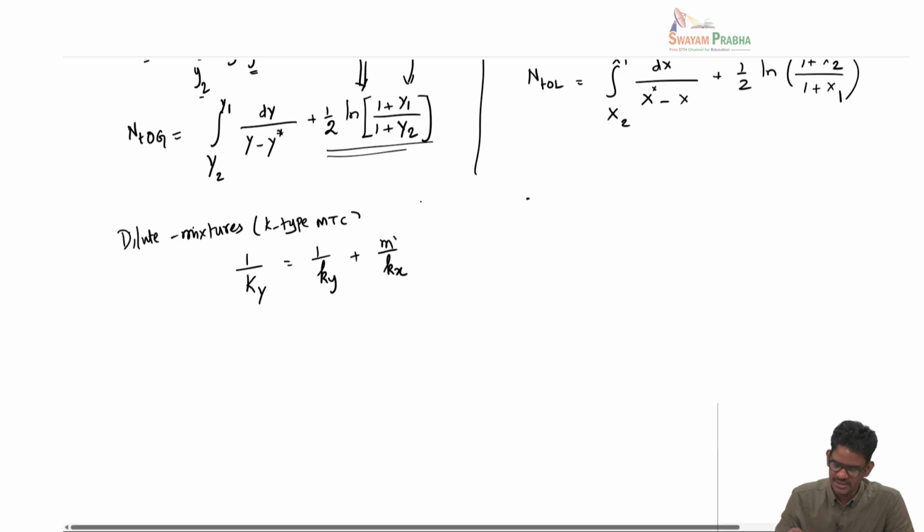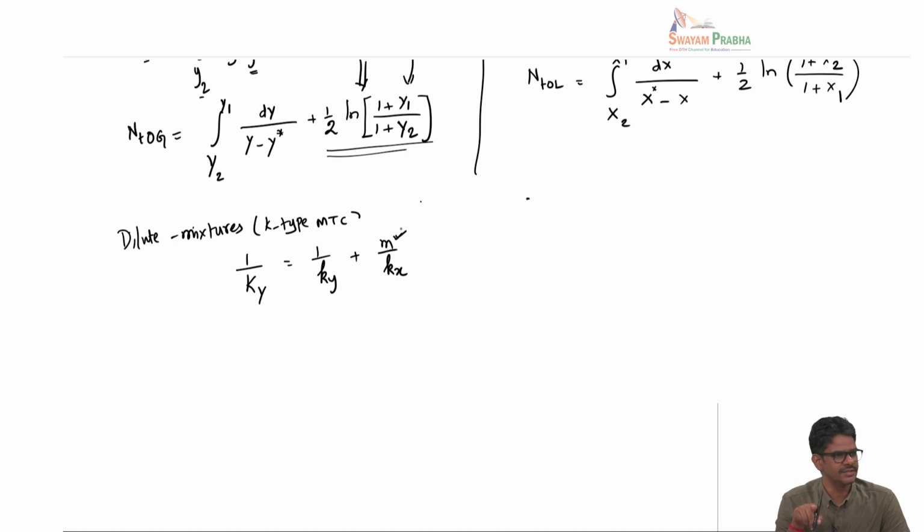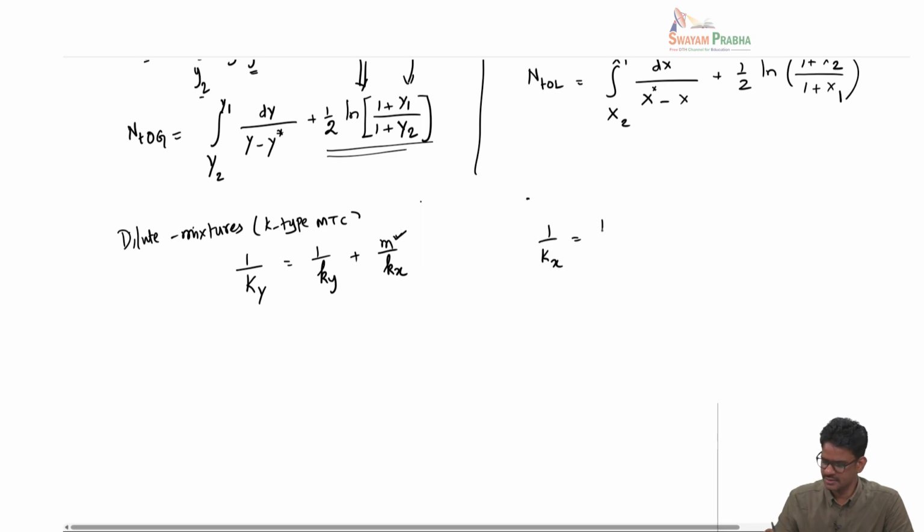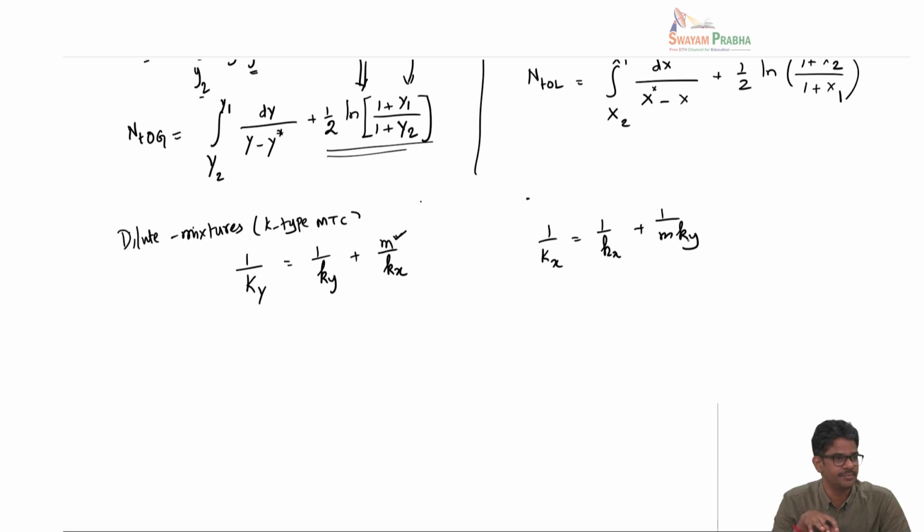So this m is the slope of the equilibrium line. We can do this if the equilibrium line is a straight line. Similarly, 1 by Kx is written as something like this, right? Now this is okay for K type mass transfer coefficients.